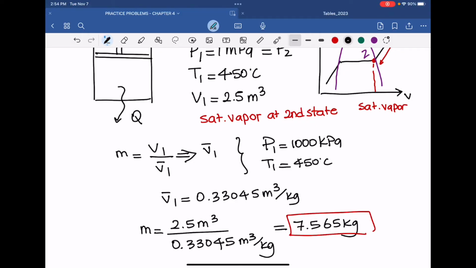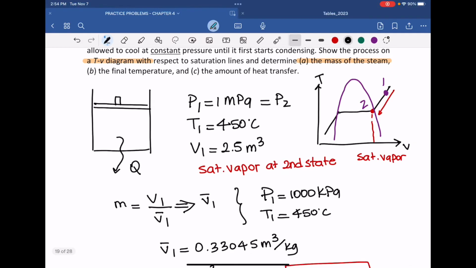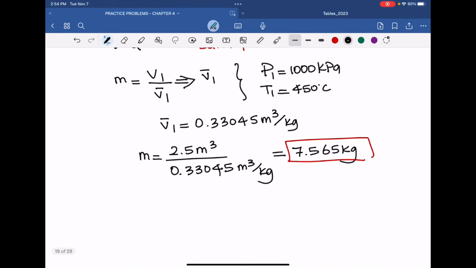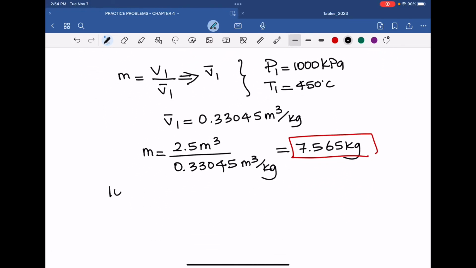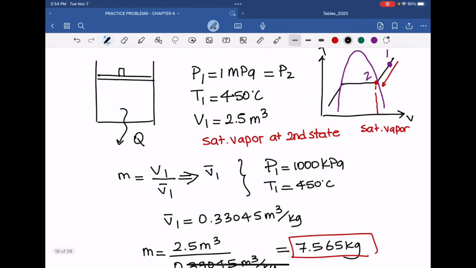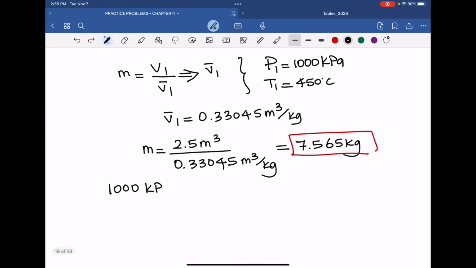Now the second part is they're asking for the final temperature. For finding the temperature of our system, we need to look at the tables. And for the second state, we know the pressure, because it's a constant pressure process, and we also know that it's a saturated vapor.